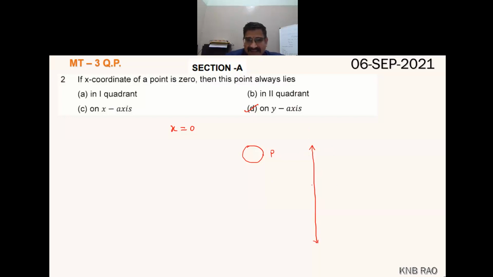Okay, so the concept of quadrant comes when you have two perpendicular lines dividing the plane into 4 parts. First quadrant, second quadrant, third quadrant, and fourth quadrant, where these axes are dividing.